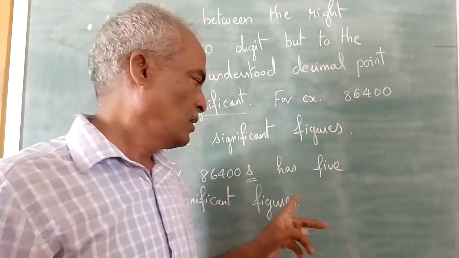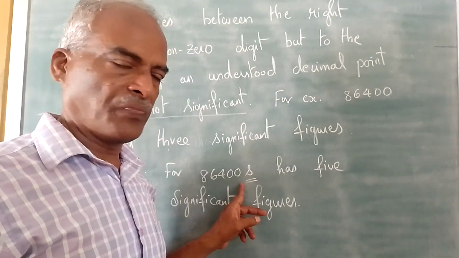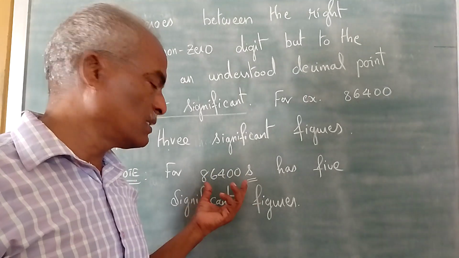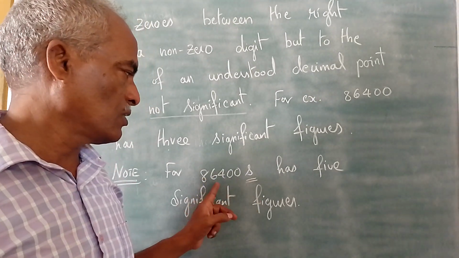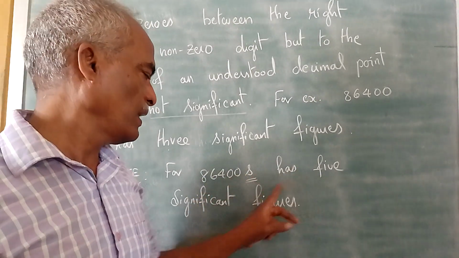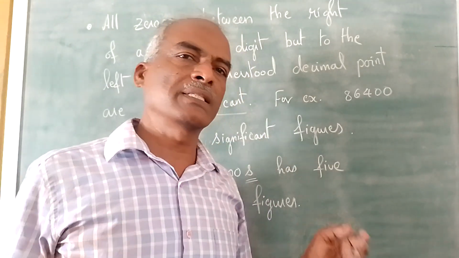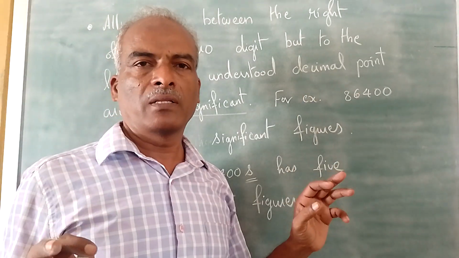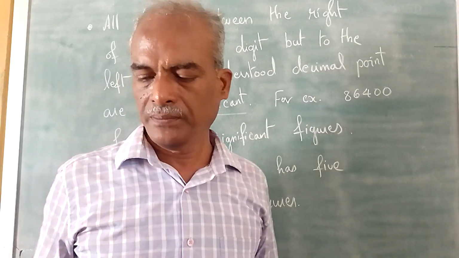In that case, you have to include these two zeros also. Therefore, the significant figures for this is totally 5. So 86,400 seconds has 5 significant figures. But if it is not from some system, just a data of 86,400, then in that case it has only 3 significant figures.